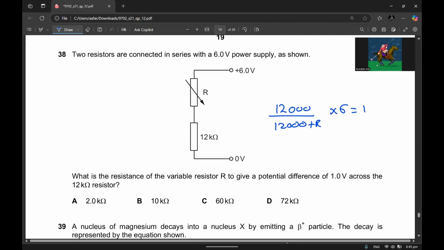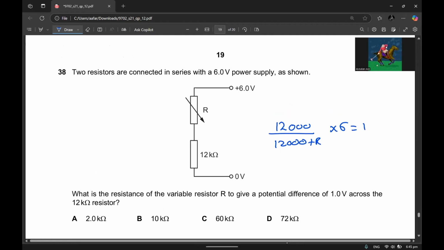Using the ratio method, we get 12,000 plus R is equal to 72,000. So R is 60K.